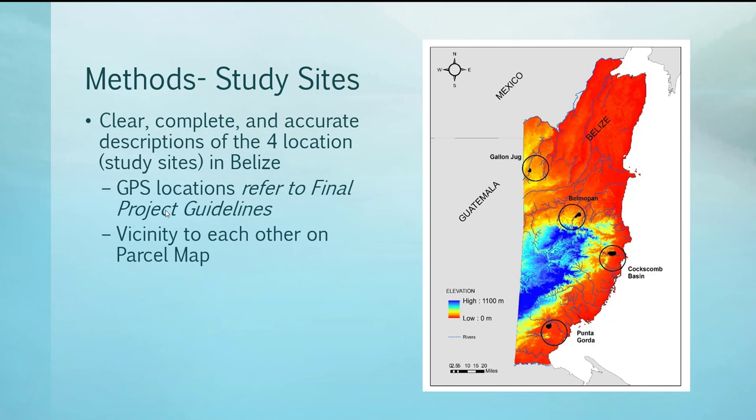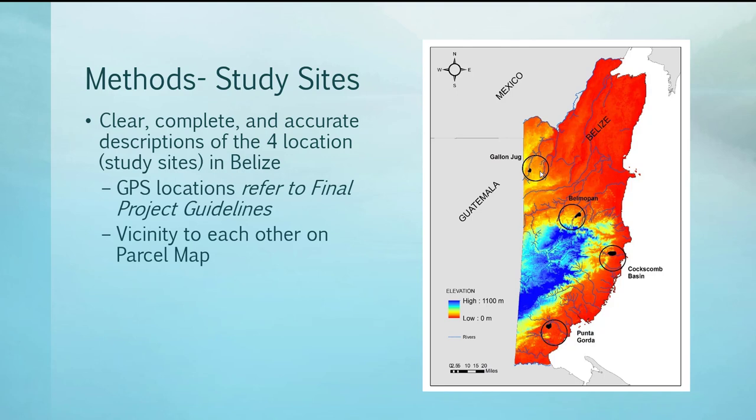So that needs to be included. Additionally, you need to briefly describe what the site looks like. This includes this parcel map here. So some students actually put this parcel map in their methods section. That's fine if you want to include it as a figure, but you don't have to. But this is available in that assignment information folder.